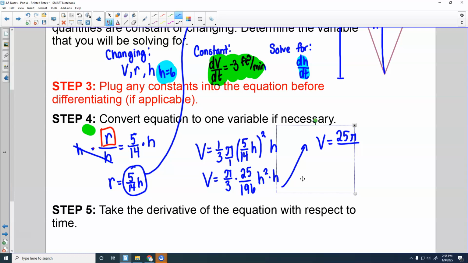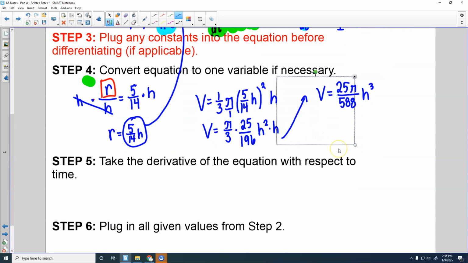These are definitely okay if you use the calculator on them. 588, and then h squared times h will give me h to the 3rd. Kind of ugly, but we do have it down to a pretty simple equation there, because this is 25 pi over 588. As ugly as it is, it's still just a number, right? So this is just a power rule sort of problem.